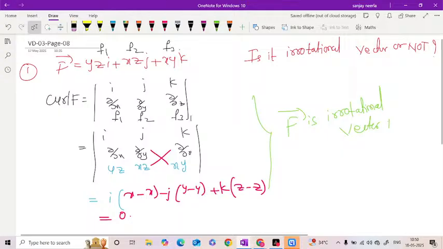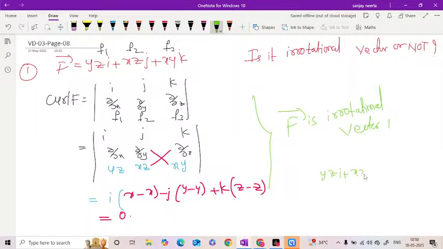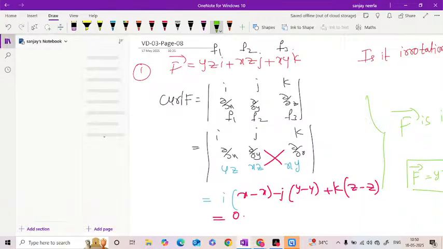So finally the conclusion is, this vector is in the form of yz i, x missing, next xz j, y missing, xy k, z missing. This type of vector must always be irrotational. That is the observation of this problem. Next one, come to the second problem.